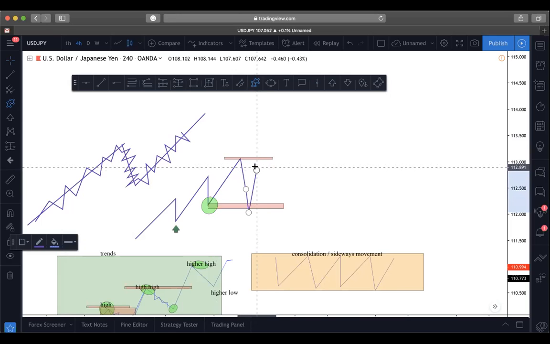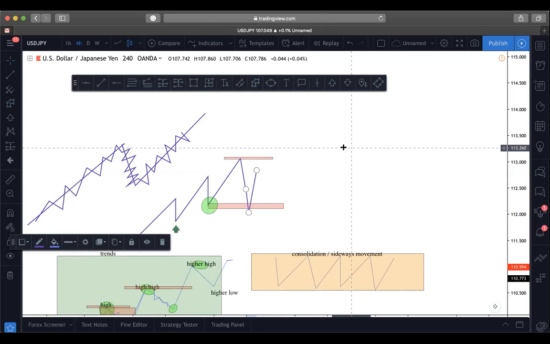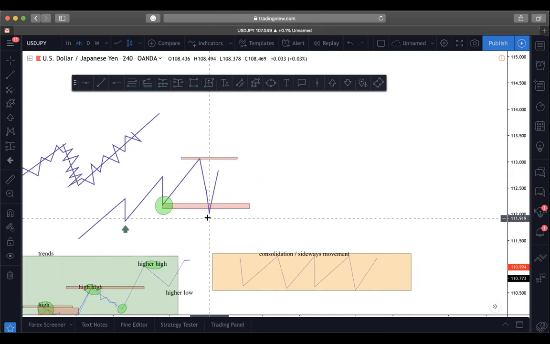So we can either expect it to go into consolidation or we could go into a downtrend, right? Even though it made a lower low, if you want, you can assume, okay, here's a downtrend now, and you can probably place a trade off of it, right?